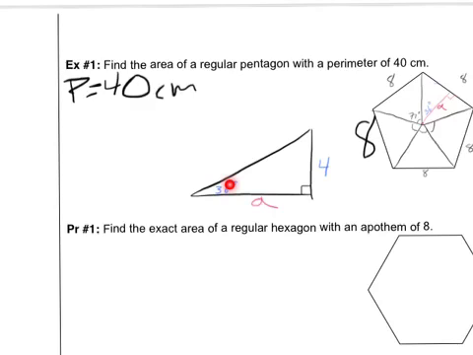So, from the angle of 36, I have an opposite and I have an adjacent. Opposite and adjacent. That's O and A, so I'm going to use TOA from SOHCAHTOA. So, let's set that up. That means that the tangent of 36 degrees equals the opposite, which is 4, over the adjacent, which is A.